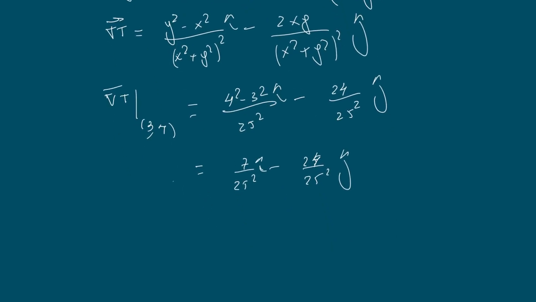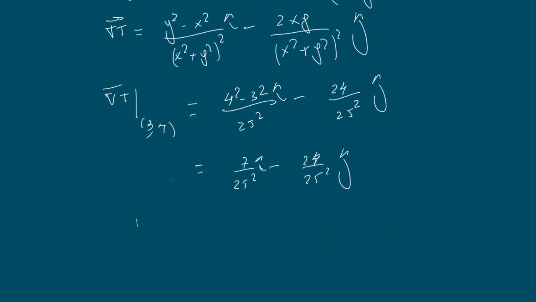And the vector in the direction starting at the point (3, 4) that goes in the direction of the maximum increase will be a unitary vector.